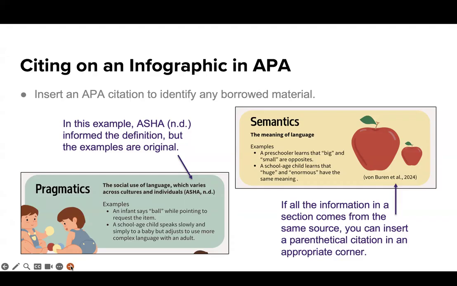That's why we've got von Buren et al., 2024, in the bottom corner of this little yellow block on the right. That shows that the citation relates to all the information in that group, and putting it in the corner makes it less visually disruptive. And we can see that these would both be part of the same infographic. So we've got some repetition going on here with the color.